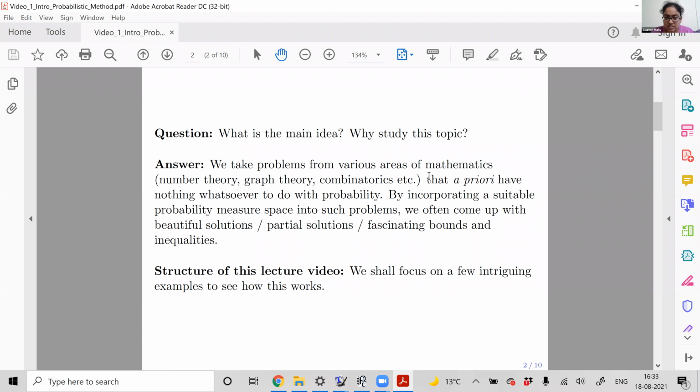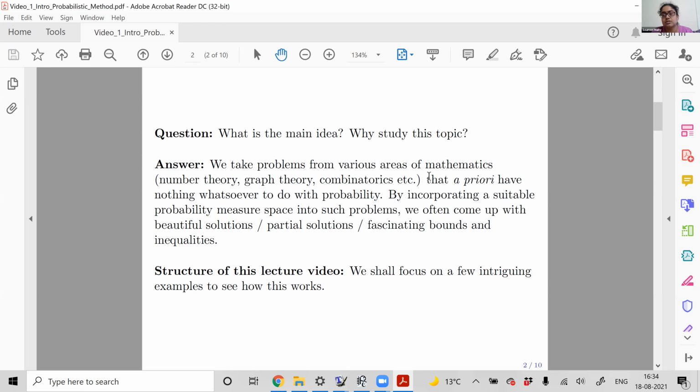And this allows us to often come up with very beautiful solutions. Beautiful is the only word that I can use here. Solutions that are probably going to prove pretty difficult to show without the aid of probability. Sometimes we come up with partial solutions because the problem itself is very complex, very vast, so you can only do some incremental solutions.